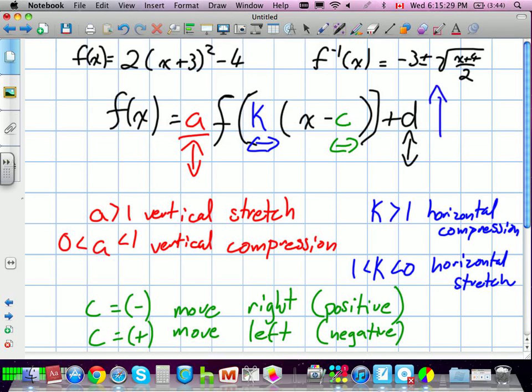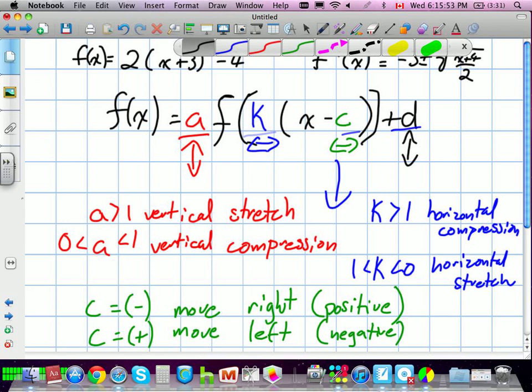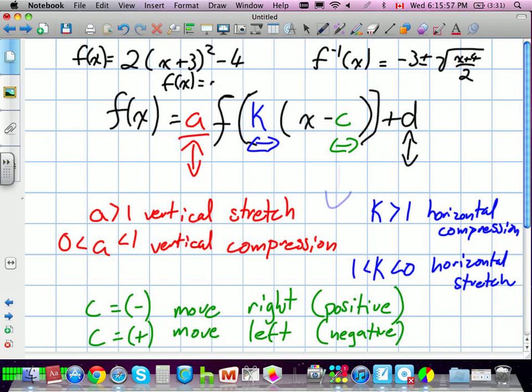Now there's a couple other things we need to talk about with this. Technically I have two different functions here. This is a root and a quadratic. But these rules can be applied to either of them. This f here deals with the function itself, or the parent function. So what it's trying to tell you is it doesn't matter what the function is, if you can distinguish what the a, the k, the c, and the d are in any function, this is how they will affect the original graph.